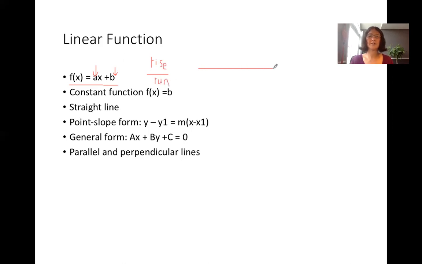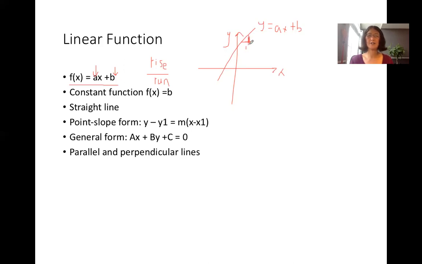So for example, if you have a linear equation y equals ax plus b, rise is for 1 unit of change, if this is 1 unit of x, and this part is your slope.